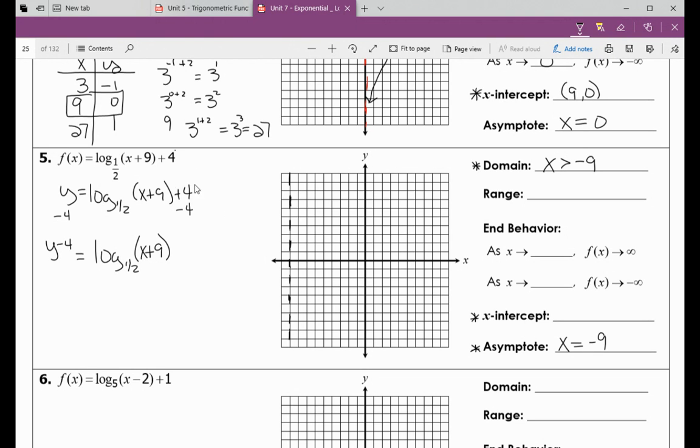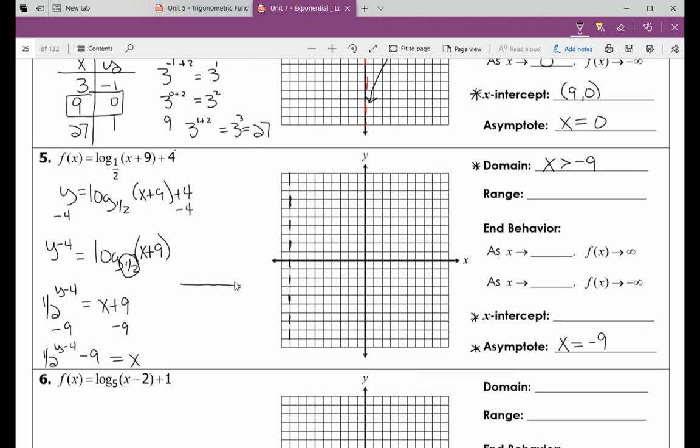Always move that up-down movement first, and then once you do that, you can rewrite in exponential form. So that would be 1/2 to the 4 minus y power equals x plus 9, and then we're going to subtract that 9. So that will be 1/2 to the y minus 4 power minus 9 equals x.